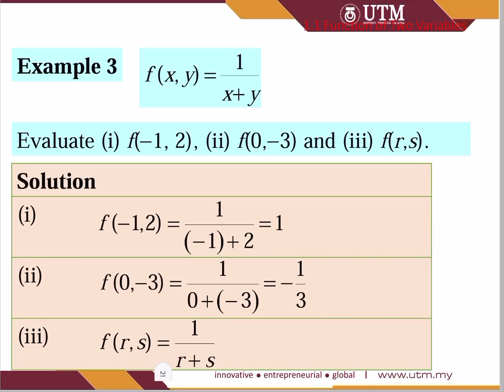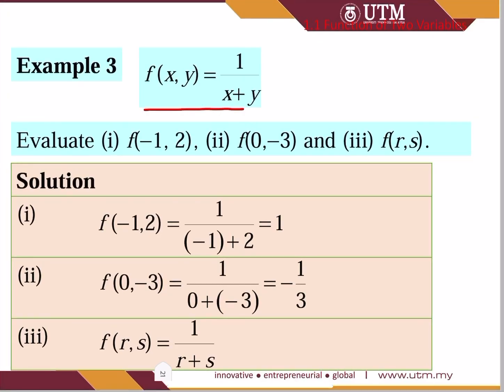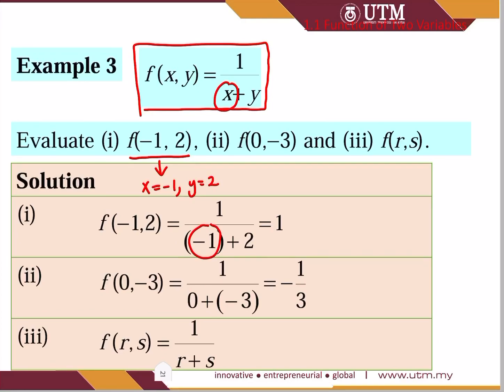How about this one? If we have f(x, y) and the function given here is 1 over x plus y, it's a fraction. As usual, x is equal to minus 1 and y is equal to 2, so we just replace x with negative 1 and y with 2. We simplify and obtain 1 over 1, which is 1.